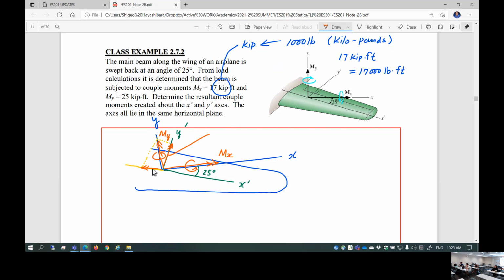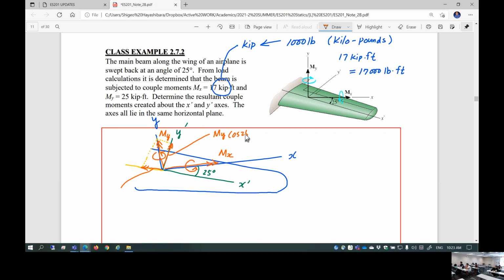So question, what's this and what's that? What's this? Would it be My sine? This is 25, My. Oh, cosine.